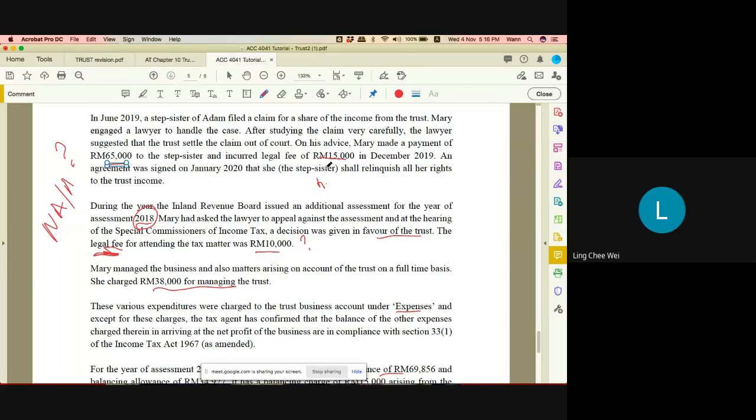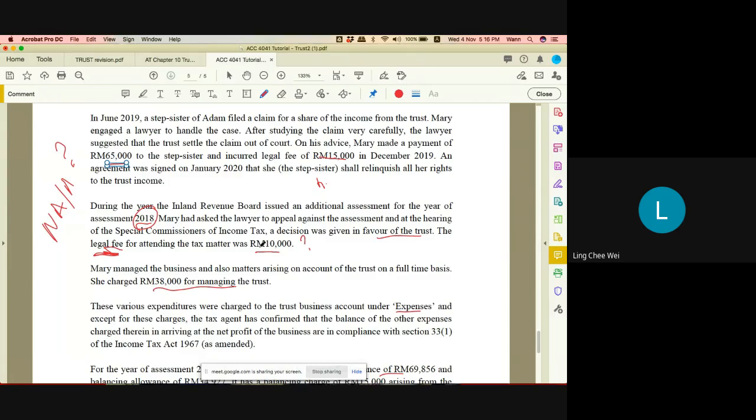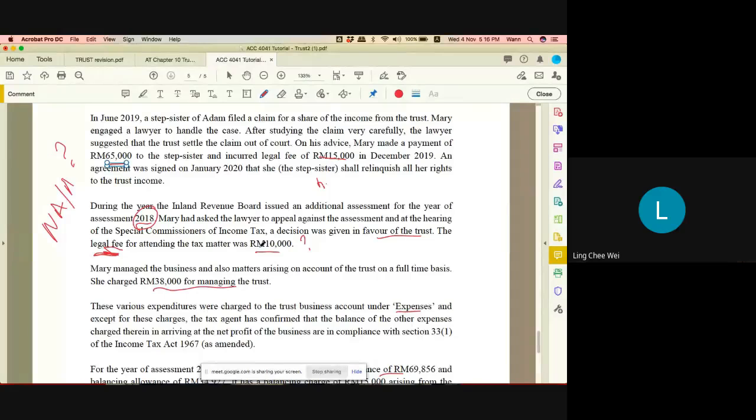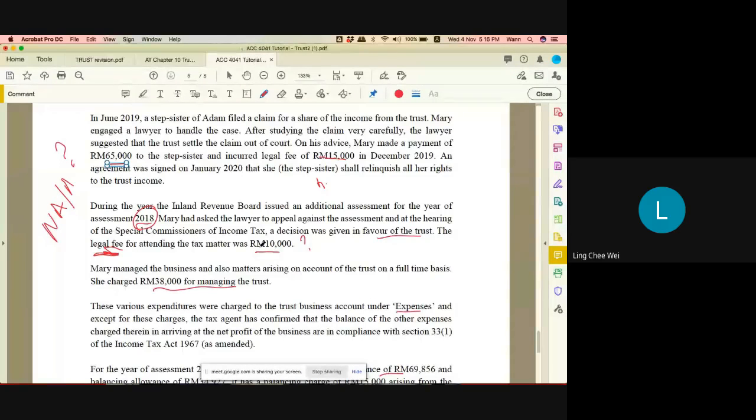Oh, so you take the 15 as allowable? Or not allowable? I added 50,000 only, not 65,000 and 150,000. So how did you get that 50? 65,000 minus 50,000. Oh, like that? Yes. I misunderstood the question.